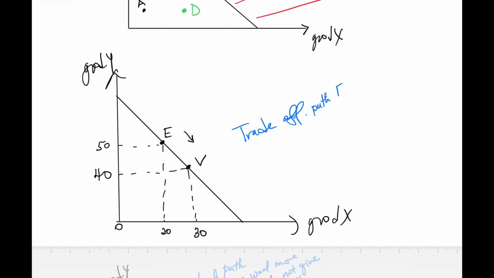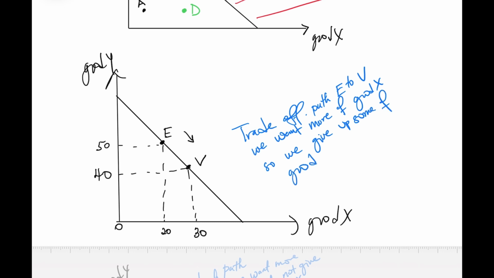Trade-off path E to V. We want more of good X, so we give up some of good Y. So we got more of good X by giving up some of good Y. That is the trade-off path that we just saw.